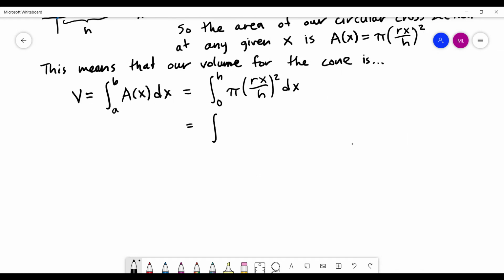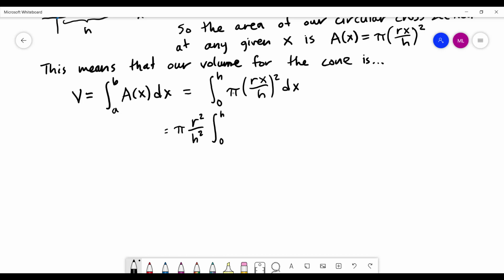If I square this whole term here, I'll wind up with r squared x squared over h squared, and I'll have, again, the integral from 0 to h of, let's move them all outside here, so let me give myself a little extra room. So I'll have pi r squared over h squared.